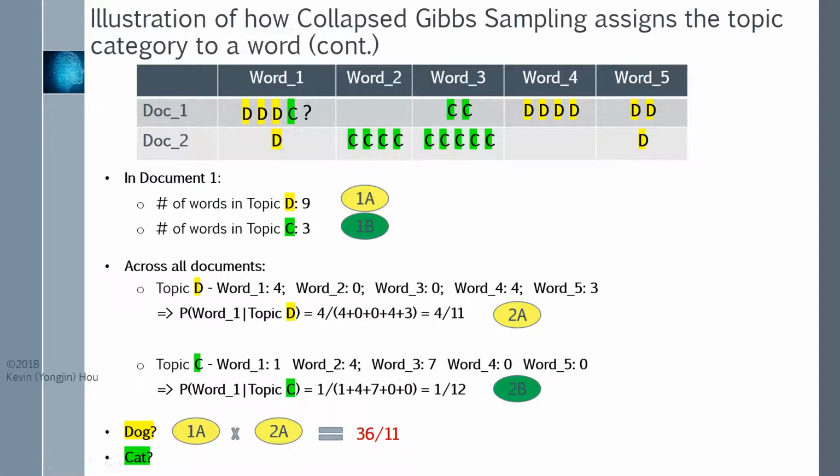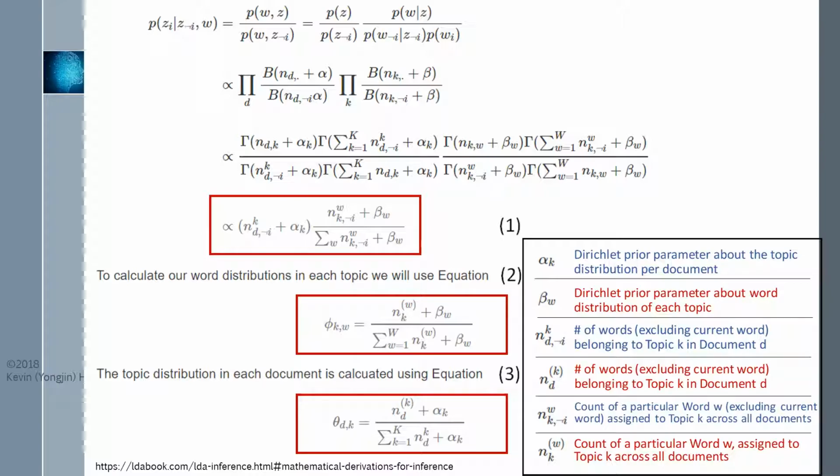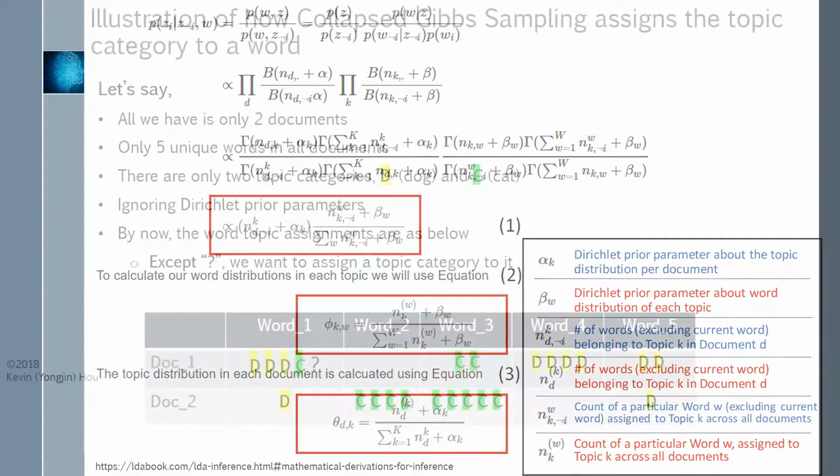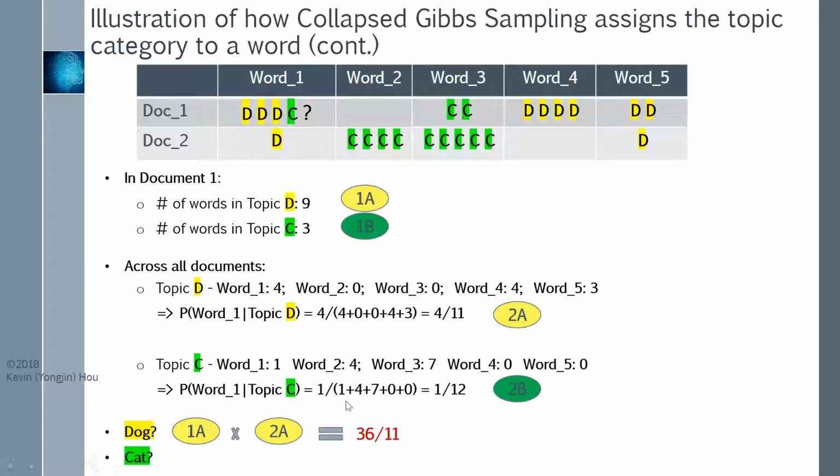If you flip to the previous page, the appendix, you'll realize we're using this formula, ignoring alpha and beta by assuming alpha and beta are 0. We are literally just applying this formula by doing the word counting. Now, pretending this is dog, 1A times 2A based on the formula gives us 36 divided by 11.